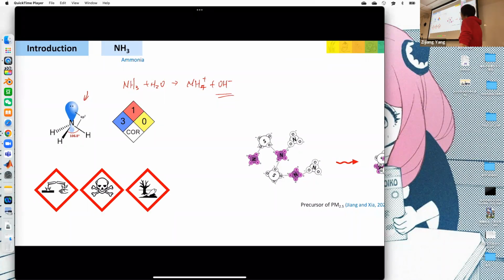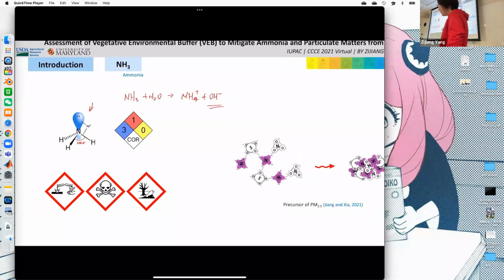So if the air is contaminated by ammonia, then the water body will become basic. Because it can cause a very basic water solution, it is corrosive, and it is also toxic. It is also environmentally toxic, especially for fish. Fish are very sensitive to contamination by ammonia.